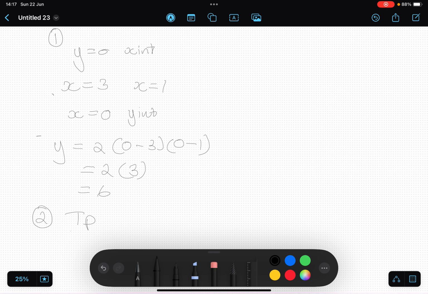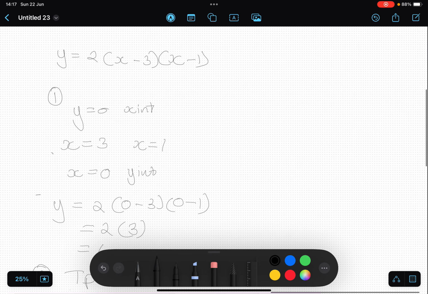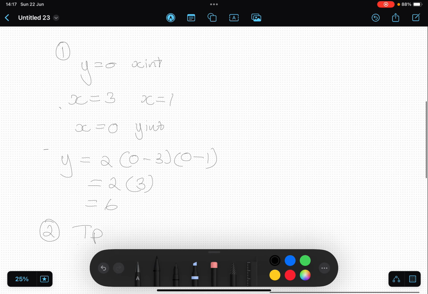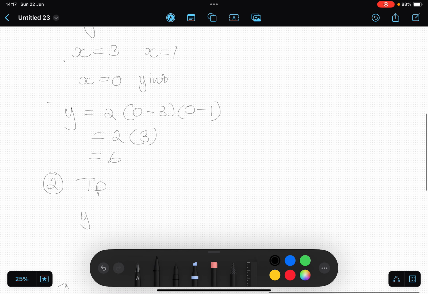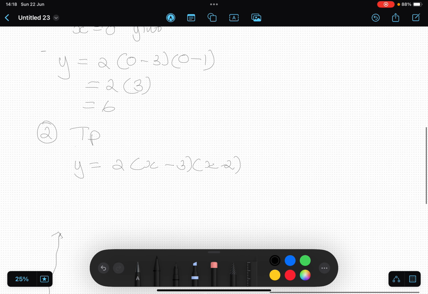So for step 2, how are we going to get the turning point from this one? It is not as simple as the others because it's in a strange form. So we're actually going to have to multiply it out to get the turning point. So let's do that. You distribute your function.